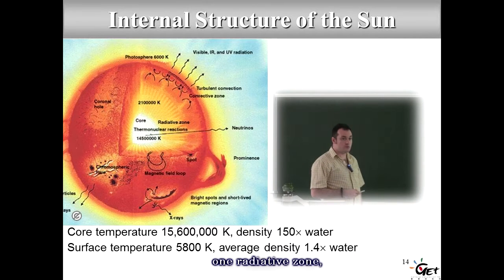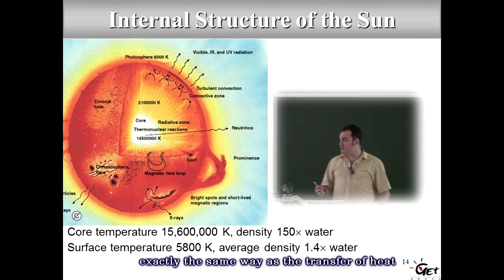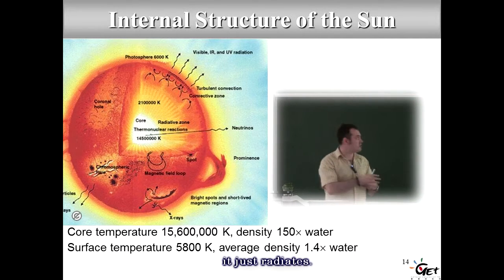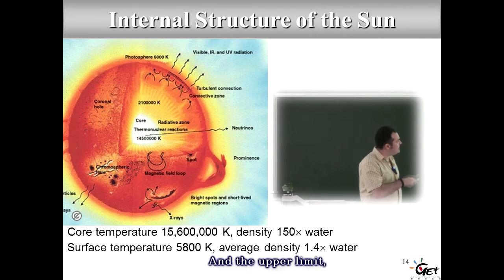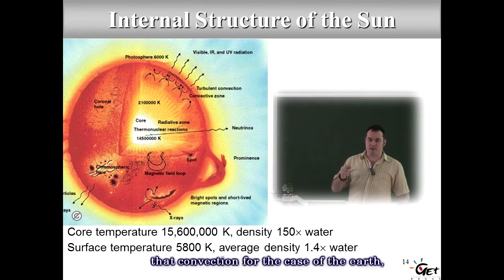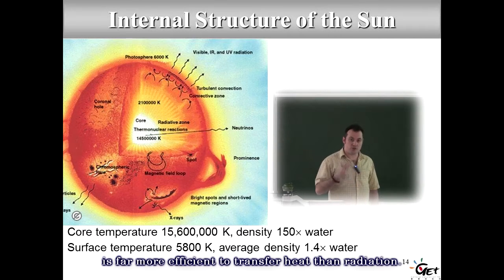One is the radiative zone, where the transfer is done by radiation, the exact same way the heat from your heater comes to you during the winter, it just radiates. And in the upper layer, where it's a bit cooler, you have convection. You remember I told you about the Earth that convection, for the kind of temperature we have, is far more efficient to transfer heat than radiation.